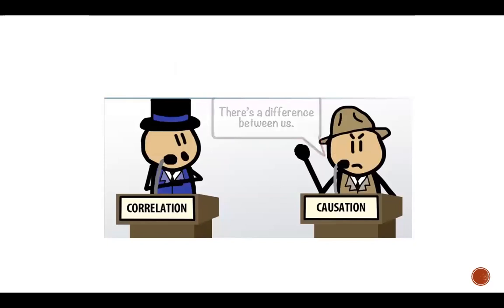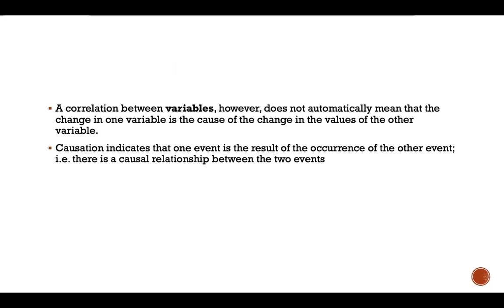I'm repeating it again: correlation is not necessarily causation. What is causation? In causation, one variable causes the other. A correlation between variables doesn't automatically mean that the change in one variable is the cause of the change in the values of the other.